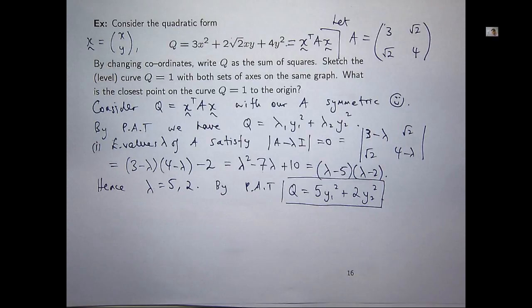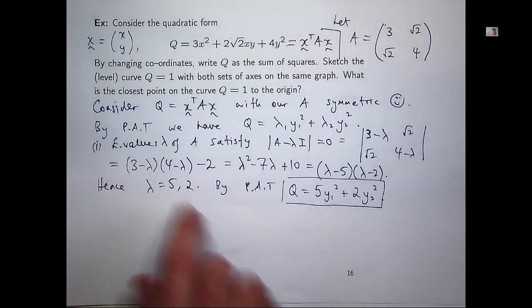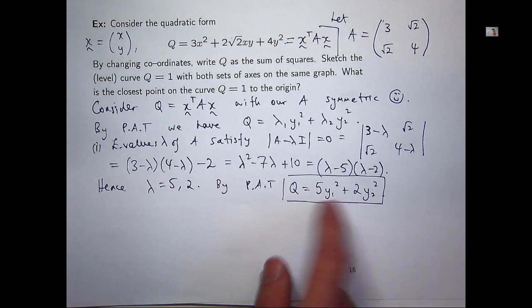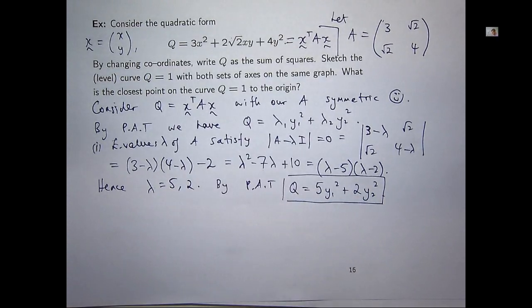Don't need the eigenvectors for that. All I really need is the eigenvalues. So I've written Q as the sum of squares there, just involving the principal axes theorem and these lambdas. Now it doesn't matter if you put the 2 here and the 5 here, if you switch them over, it's still correct. But I've just chosen to do it this way.